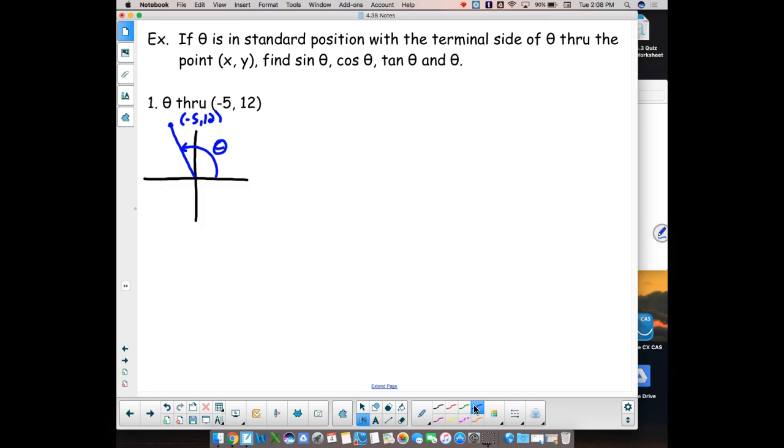Agree? We want to find the sine, the cosine, the tangent, all of theta, and we want to find theta. Well, like we talked about before, we have to use reference angles here. So my theta prime is going to be there.